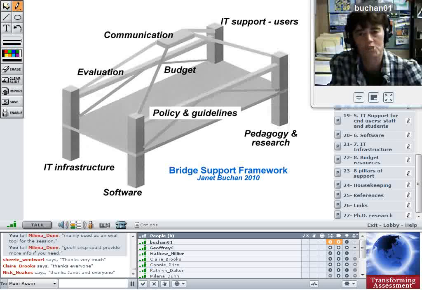Because we now have online technology and a whole lot of changes, you now have other stakeholders who need to be represented in the policy, and they're not. Those stakeholders are the IT services, student services, and learning and teaching services.